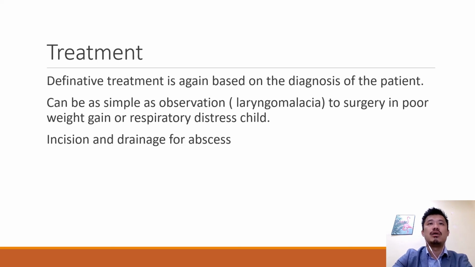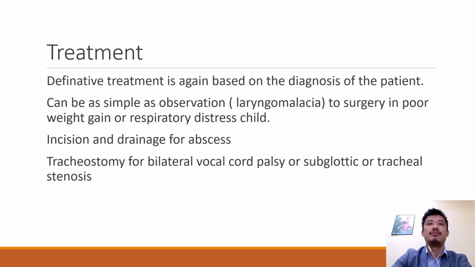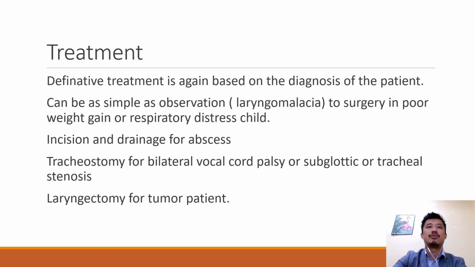Incision and drainage is done for abscesses, from parapharyngeal abscess to retropharyngeal abscess. In a patient with bilateral vocal cord palsy with airway compromise, or subglottic or tracheal stenosis, tracheostomy can be done to alleviate the respiratory distress, and even for a patient with tumor, especially CA larynx, laryngectomy can be done.